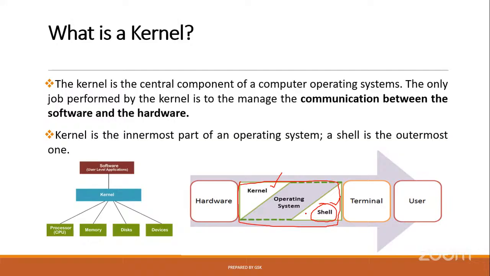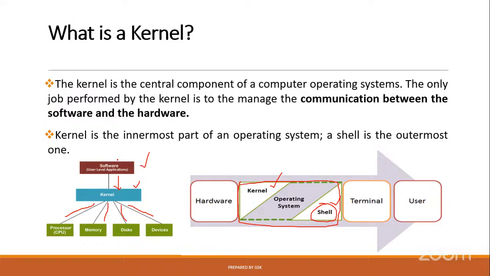As I said already, kernel is the innermost part of the operating system and shell is the outermost part of the operating system. You are working with one software and that software is connected with the kernel. Kernel is responsible for communicating with the hardware components. Suppose you want to read some file data, and that file is available in the hard disk.